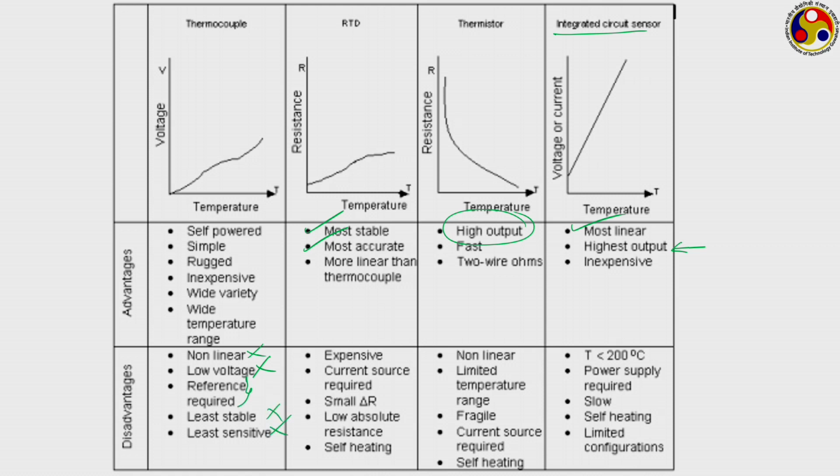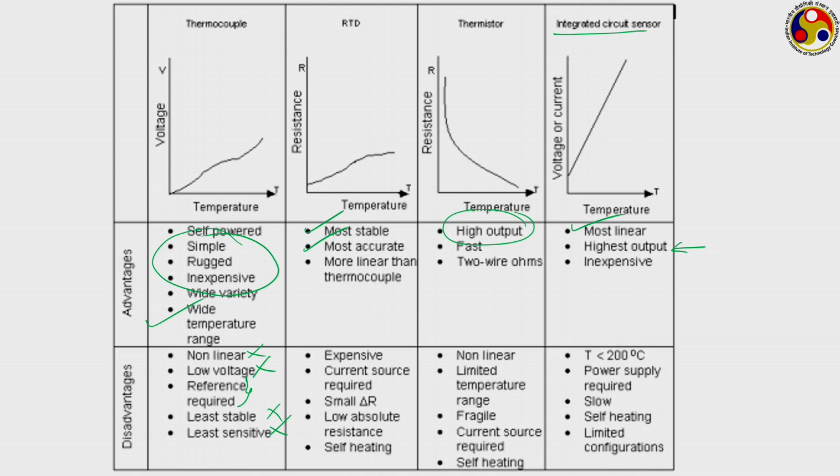We need a reference temperature. However, their biggest advantage is their simplicity, inexpensiveness and ruggedness, and also they can give a very high temperature range, particularly if you compare with thermistors or IC based sensors. That is, if we compare them with semiconductor based devices, they give a very wide range.